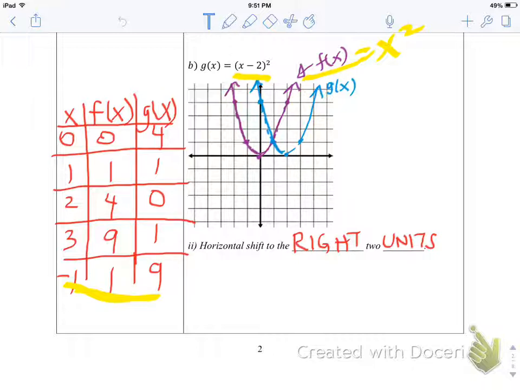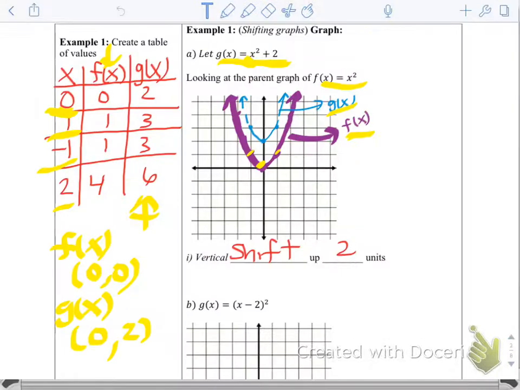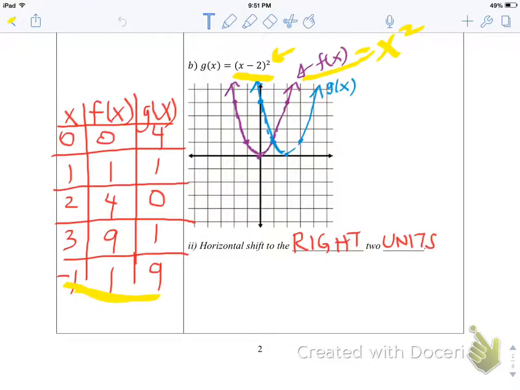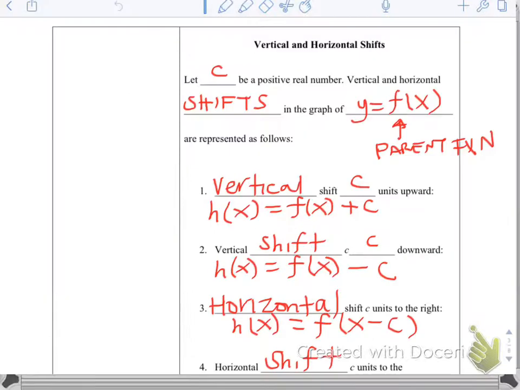Notice the difference too: the 2 is inside with the x, part of the squared quantity. Whereas here, the 2 was on the outside. It wasn't part of the exponent. But here it's part of it, and that causes our parent graph to shift horizontally 2 units. Okay?